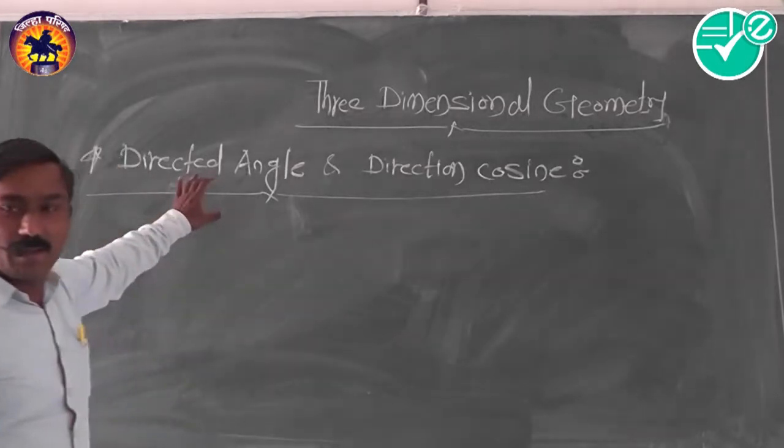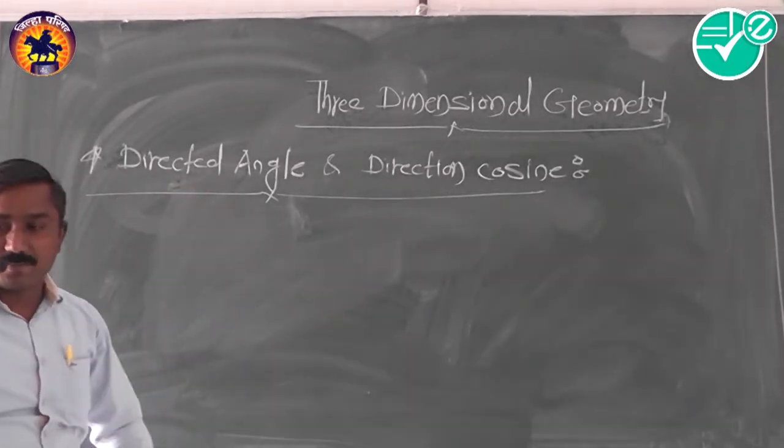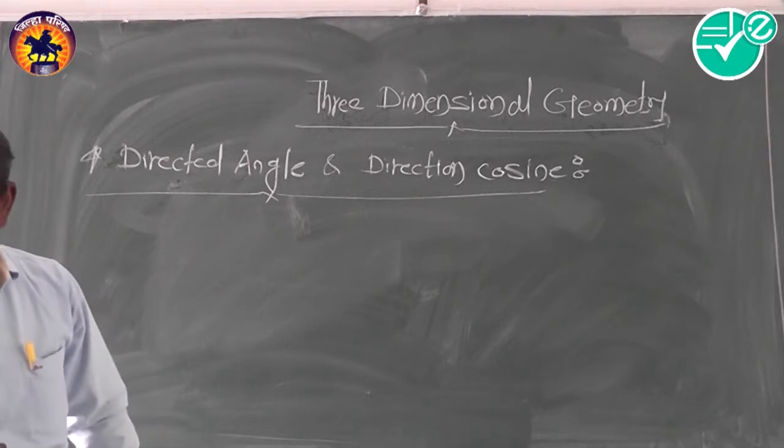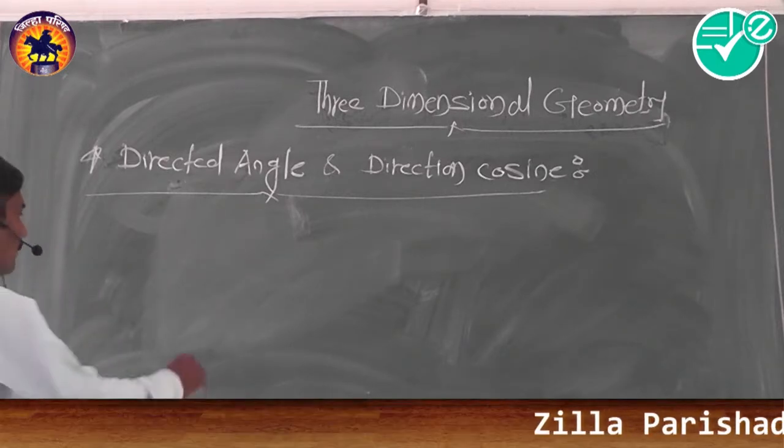First we clear this definition, directed angle and direction cosine. So for that we draw a figure.